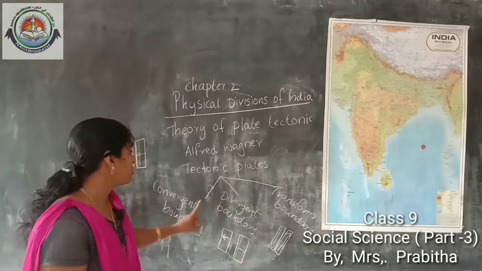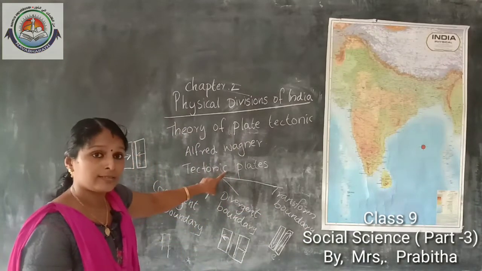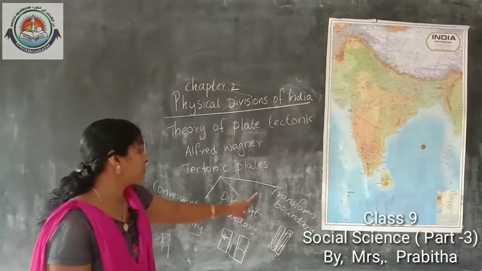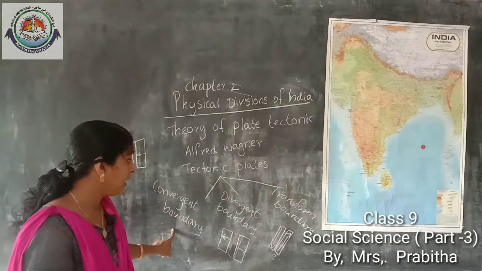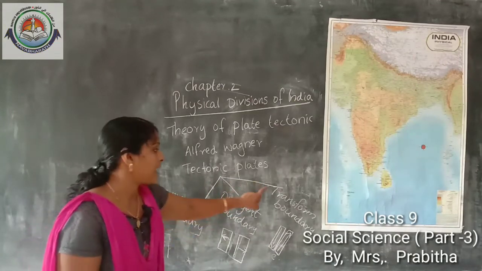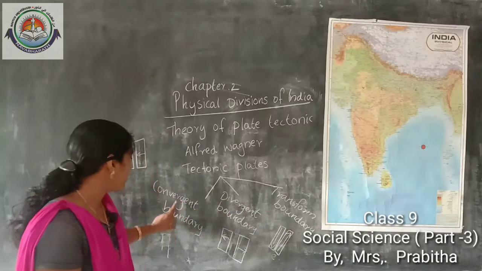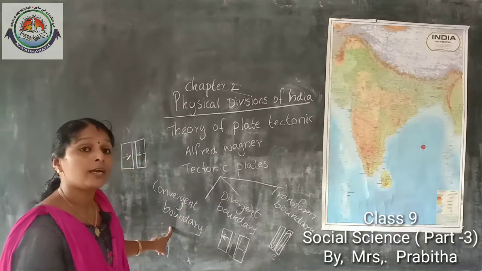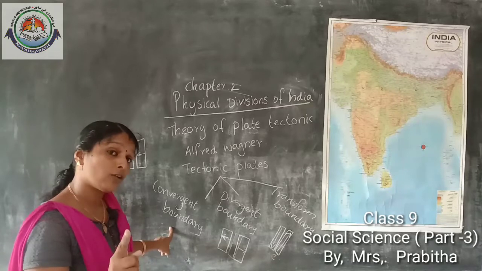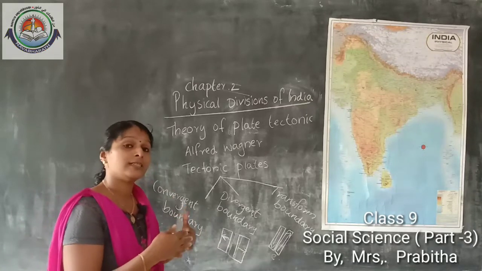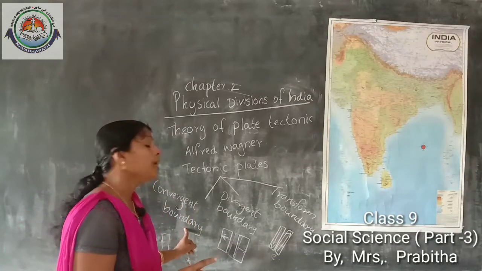I think you understood the theories of tectonic plates. There are three theories about tectonic plates: convergent boundary, divergent boundary, transform boundary. First one, convergent boundary: when the two tectonic plates move towards each other, it forms a convergent boundary.